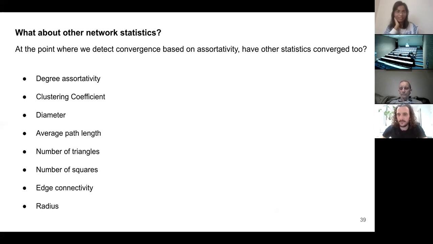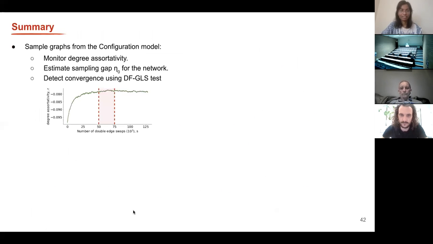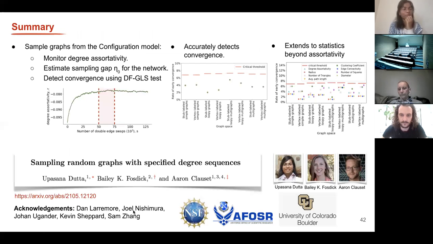Okay, we have one question on Zoom, Stepan? Yes, hello. Thank you for a great talk, Upasana, and I have two questions. The first question is, I wonder if your results also depend on the network size, because you showed that they depend on the number of edges, but is convergence also sensitive to the network size?